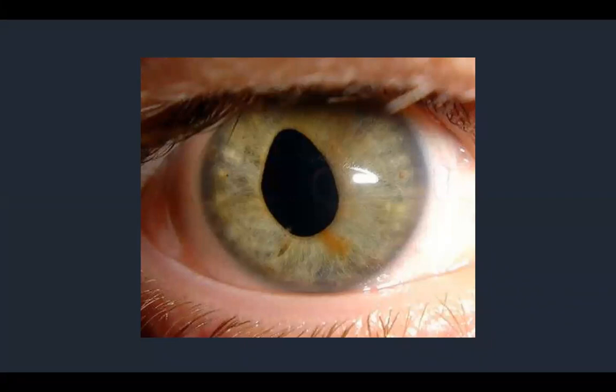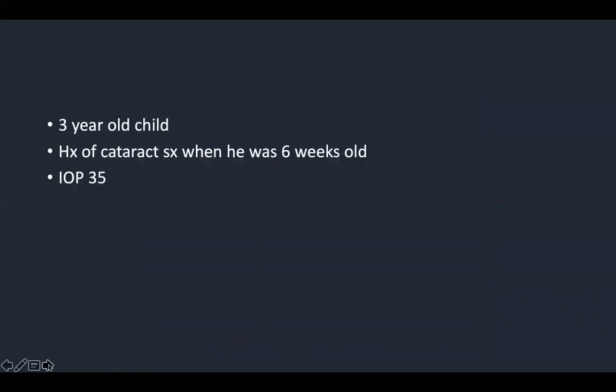Excellent. And you can always ask for the central corneal thickness, especially in pediatrics, associated with either microcornea or congenital cataracts, they might have thick cornea. I see.